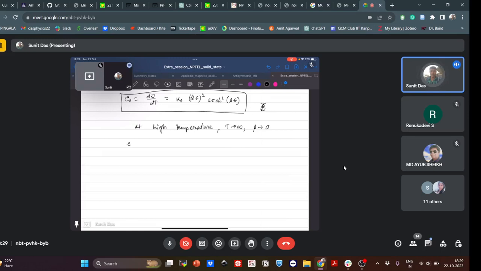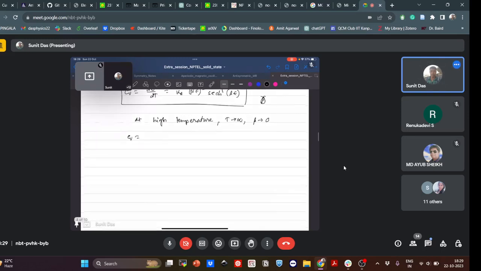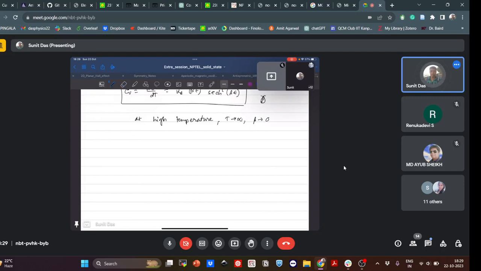So in this limit, before that, let's find out the sech squared. Sech squared of beta epsilon, in the limit beta goes to 0, equals 1.